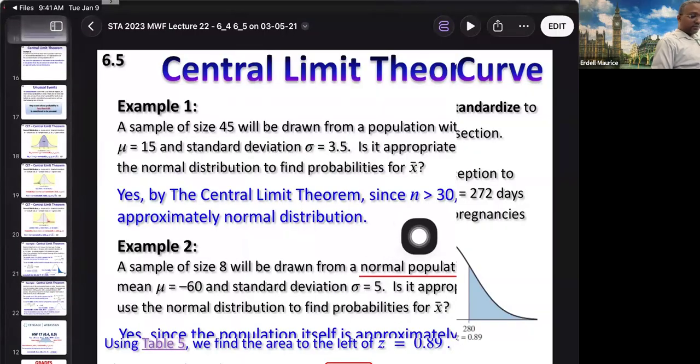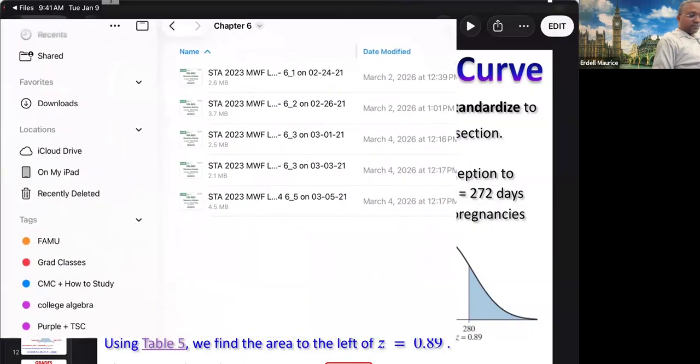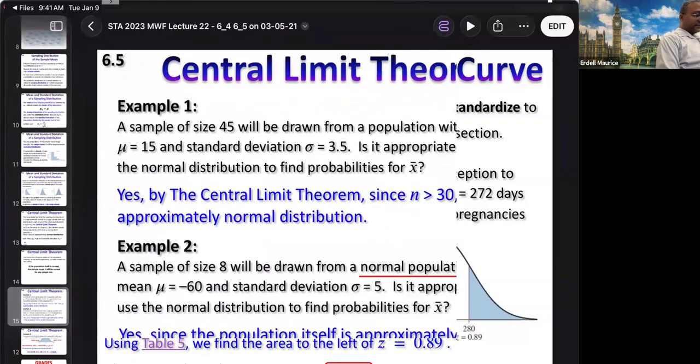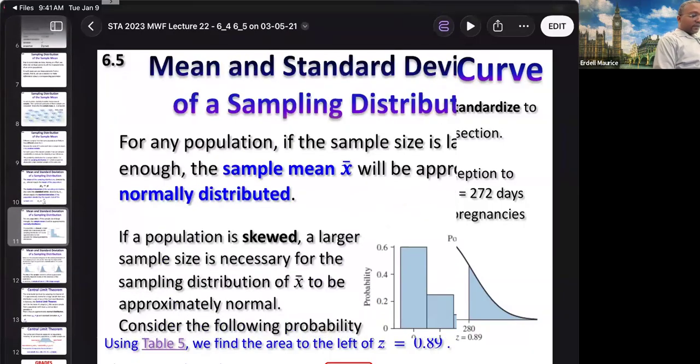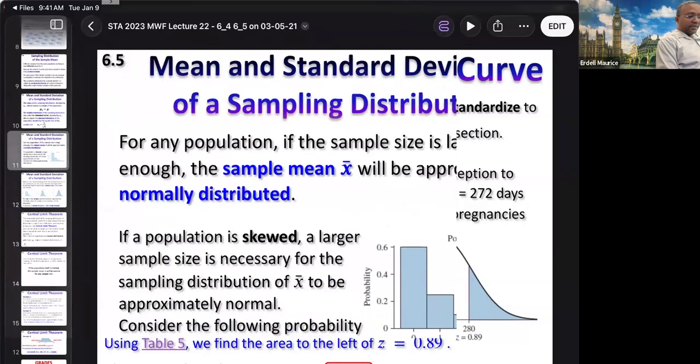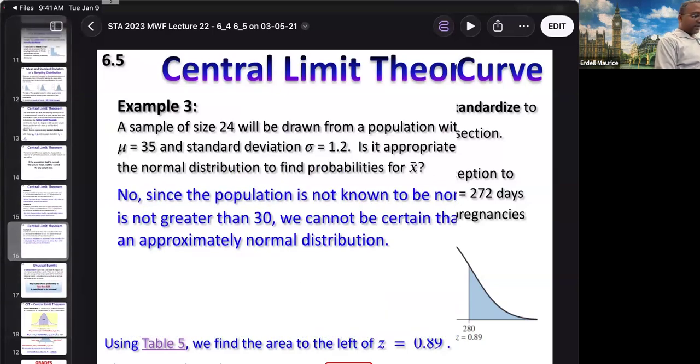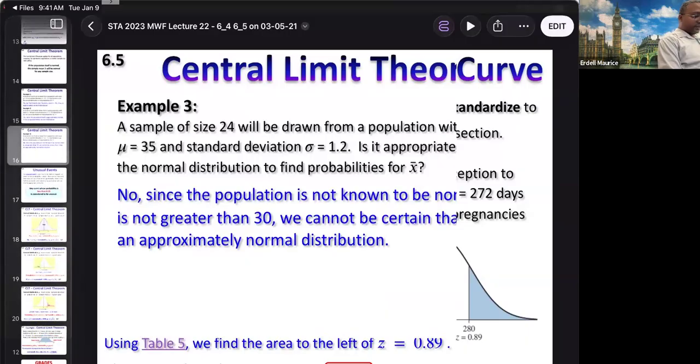I'm missing a slide. I'll have to go look for it. Anyways, I digress.